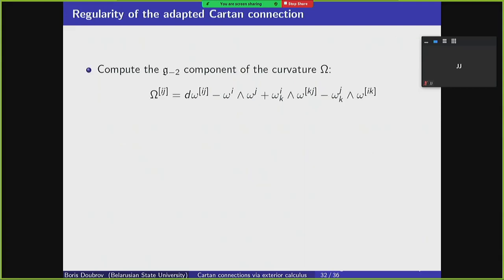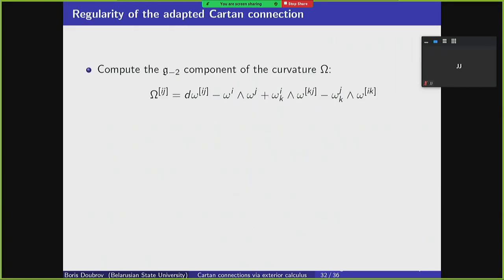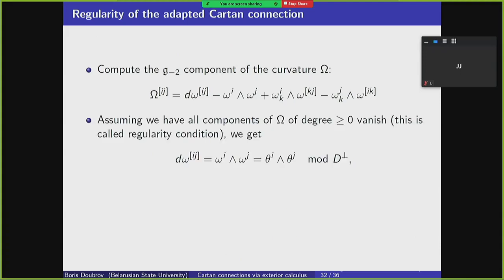And now we start computing a structure function or curvature. We start with the highest degree, which will be degree 1 in this case. So we take the part of the curvature that sits in the top right corner, and again, it's a standard calculation.